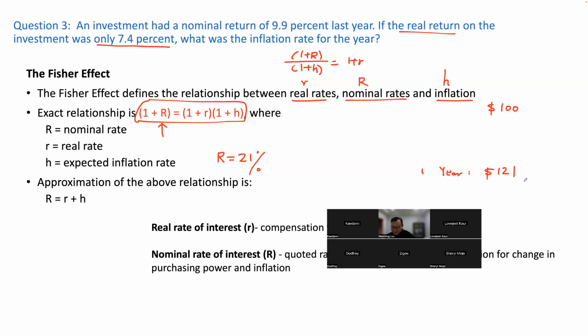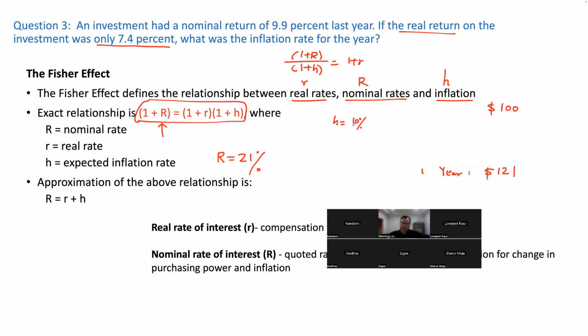So that's 121, right? Because you earned a return of $21, so now you get $121. But don't forget, in this year you also have inflation. Every year you're going to have inflation, it's just a matter of whether it's high or low. So let's suppose the inflation is 10% in the year. In order to buy the same amount of goods, let's say there is a collection of goods worth $100 last year.